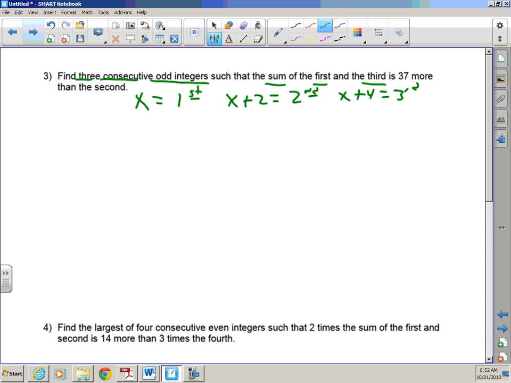The sum of the first and the third, x and x plus 4, is an equal sign, 37 more than the second, which is x plus 2. When you see those words more than, we're not talking about an inequality. That means 37 more than. So I get, half the battle is setting up the proper equation.